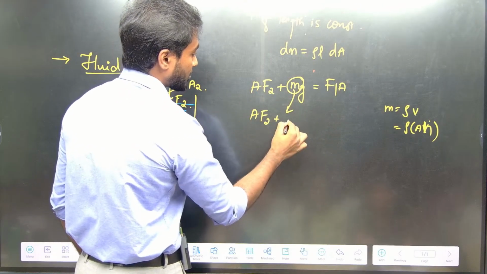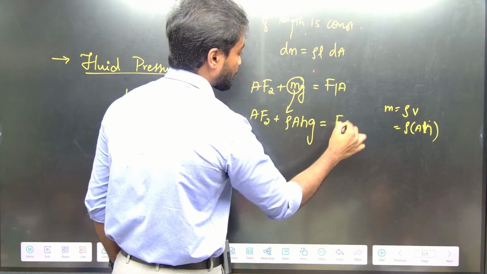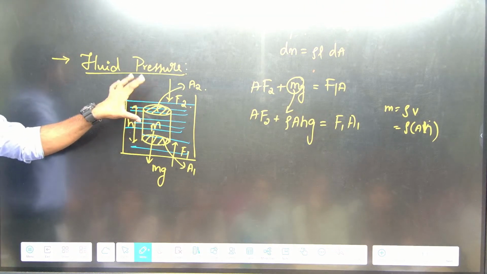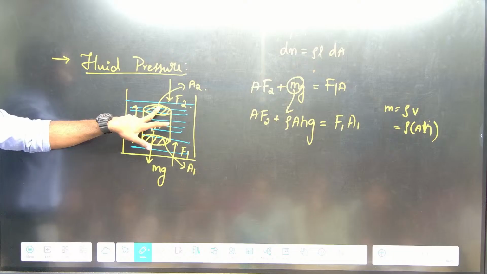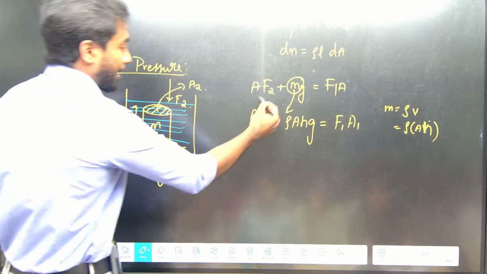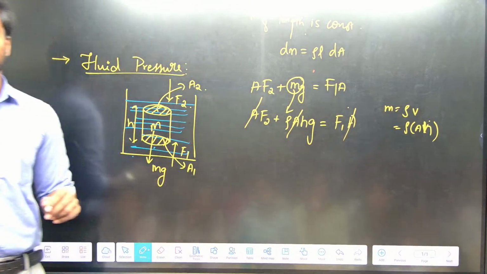A F2 plus rho A h g equals F1 A, and I am talking about a cylinder which has a constant area. Here also A and here also it is A. Any doubt here? So can I cancel this A? Can I cancel it?